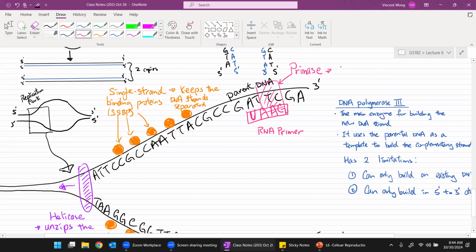So primase will create a few RNA nucleotides so that DNA polymerase 3 can continue.